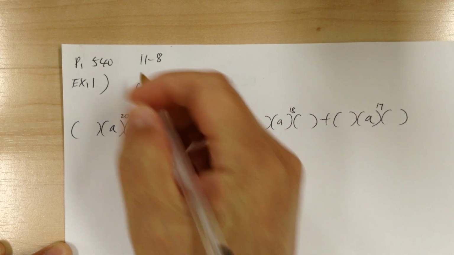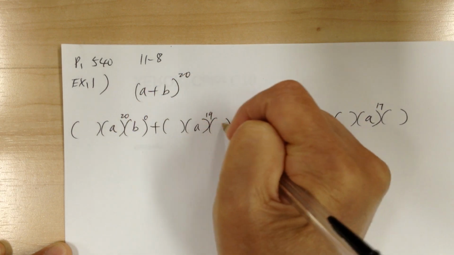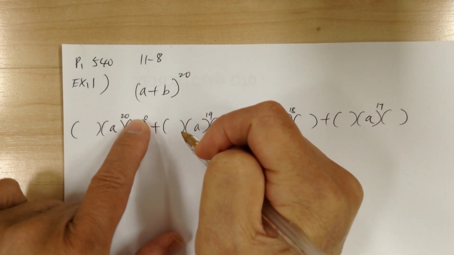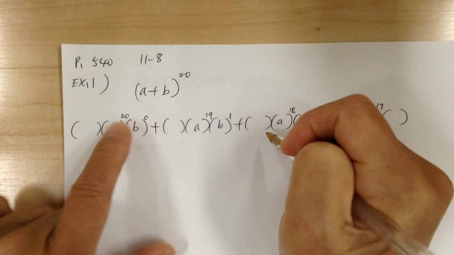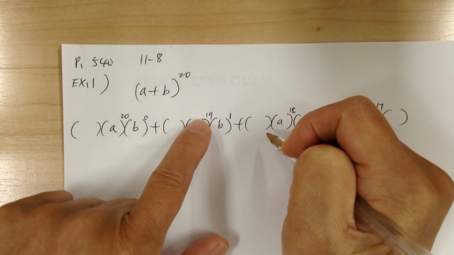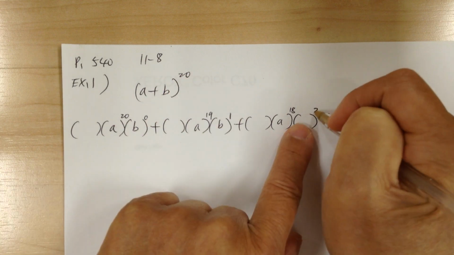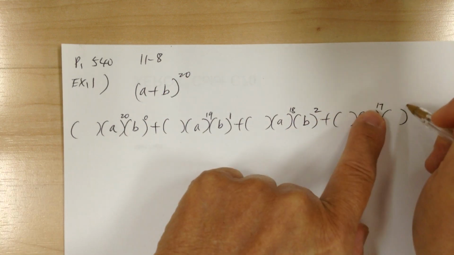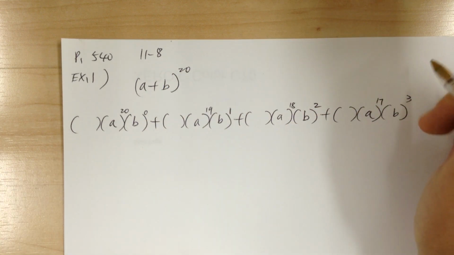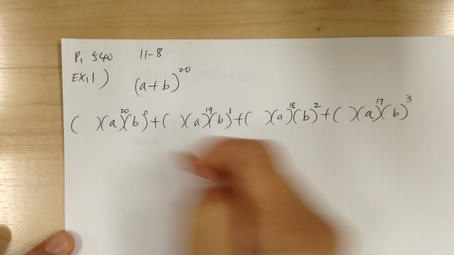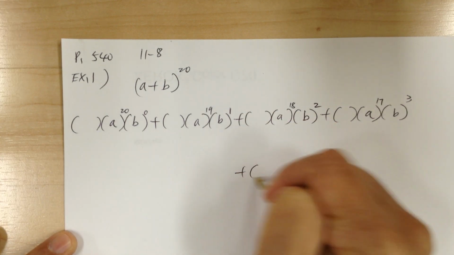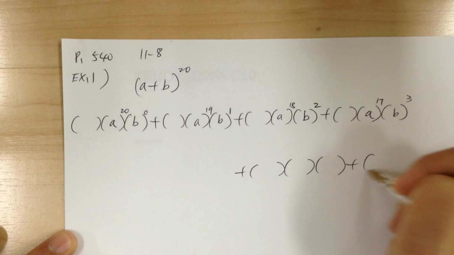Now the b, you start with 0 and you go up, and the exponents have to add up to 20. So this would be b to the 1, see that? 20 plus 0 gives you 20, 19 plus 1 gives you 20. So this would be b squared, and this would be b cubed. And that's going to do the next 2 also, the ones we're looking for.